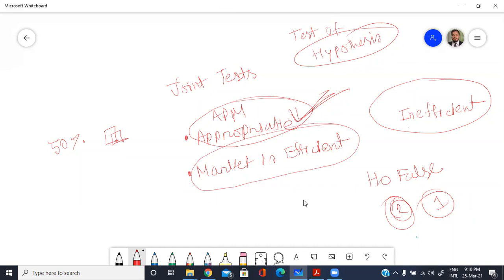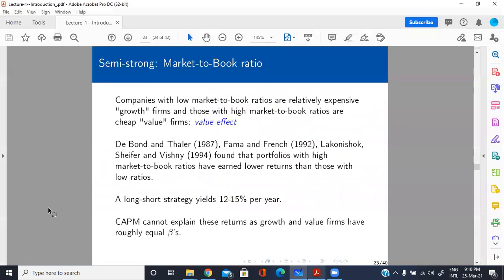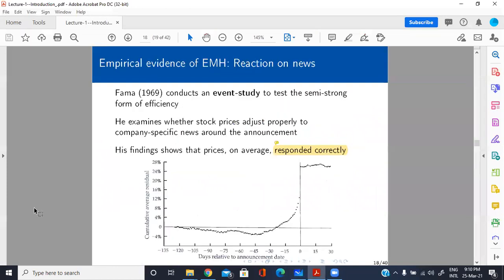Can you recall that we just have seen the evidence of a study to prove the market is efficient or inefficient? What does this one reflect? Market is efficient or inefficient? We already have discussed it. From this graph, what have we seen? Done by Fama.